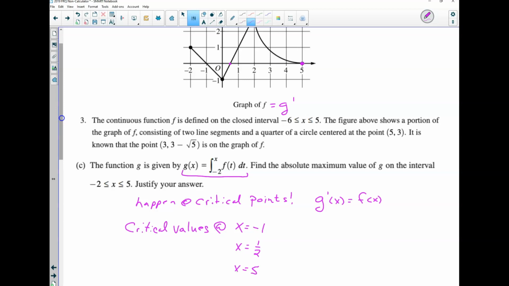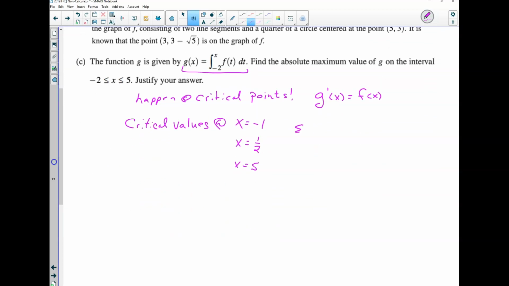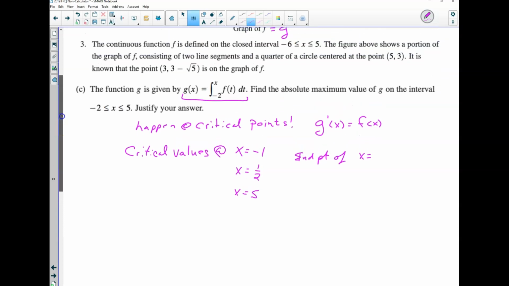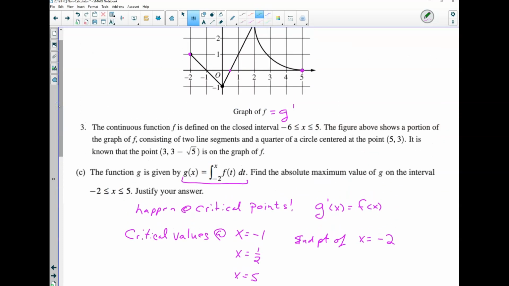And remember, absolute extreme values also could happen at the endpoints, x equals, what is that, negative 2? Yeah, negative 2. Well, then I'm going to look back here, and I'm going to say, well, here at negative 1, I went from positive to negative. That would be increasing and then decreasing.